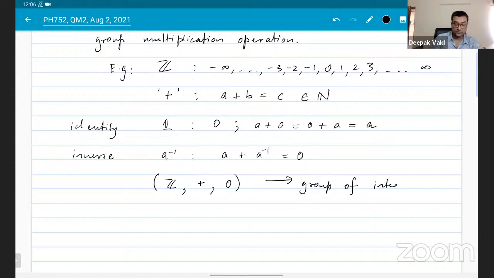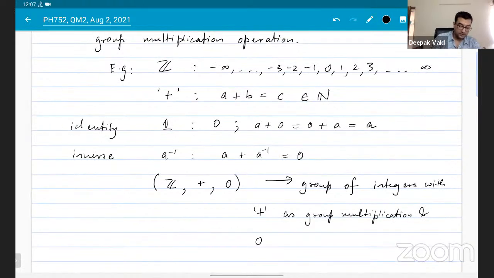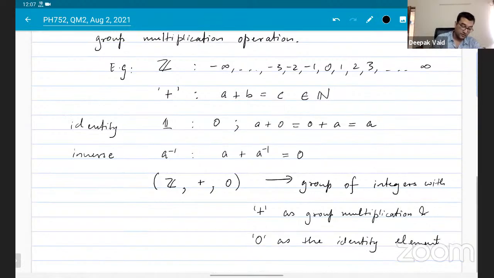This is the group of integers with addition as group multiplication, and 0 as the identity element. Okay.